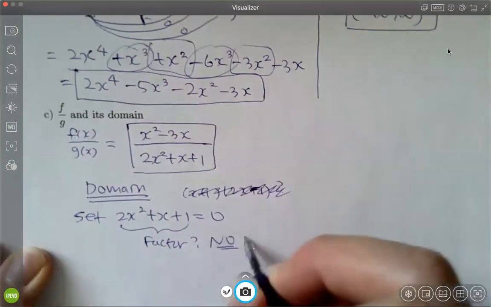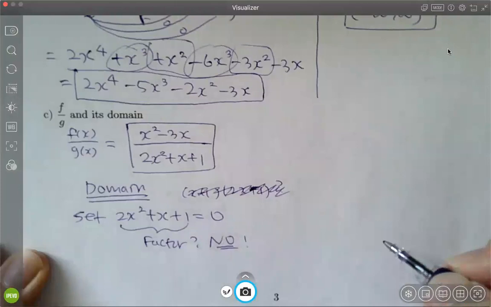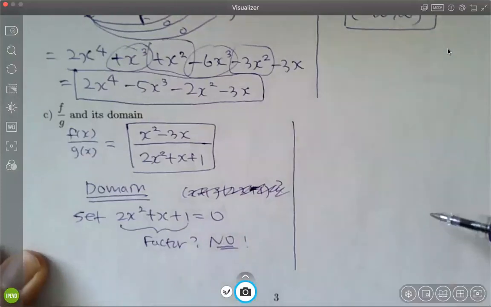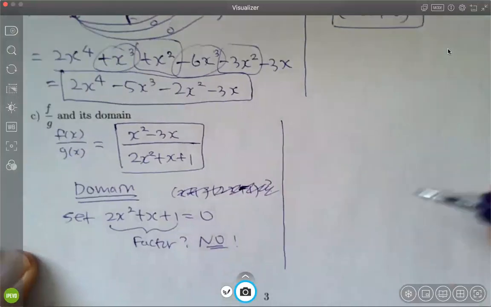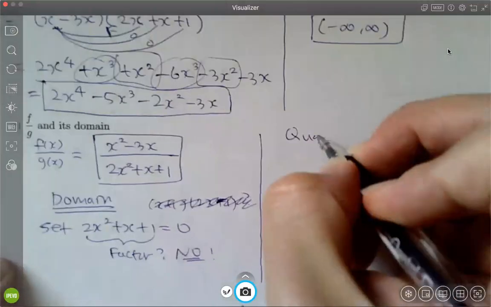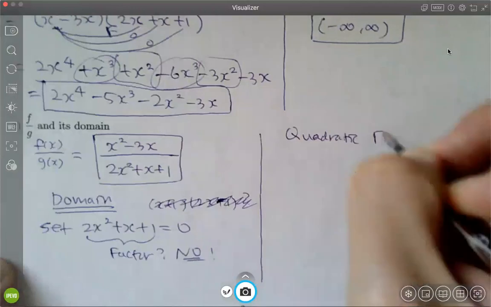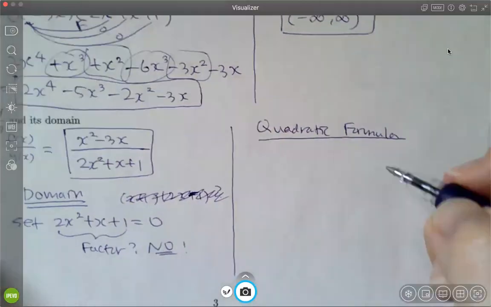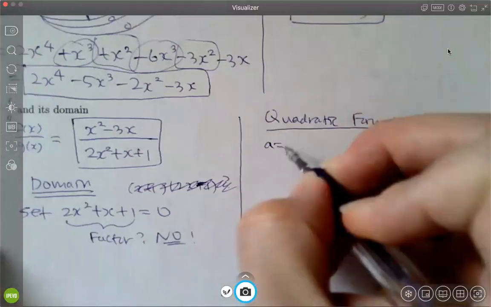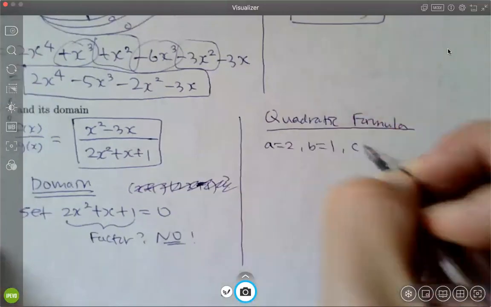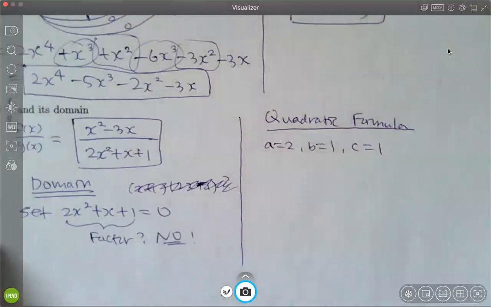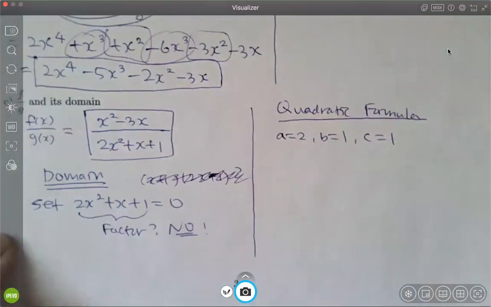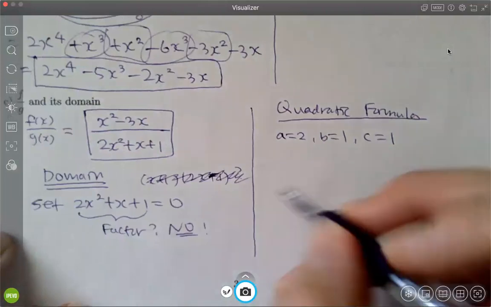So, what's the only way to solve? Quadratic equation. Yeah, that formula, right? Yes, okay, so quadratic formula. So what do you have to do? Identify A, B, and C. So A is equal to 2, B is 1, C is 1, right? Okay, so plug them into the formula. So what do you get?